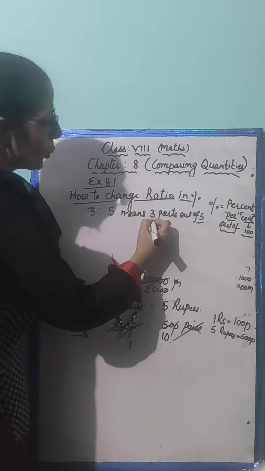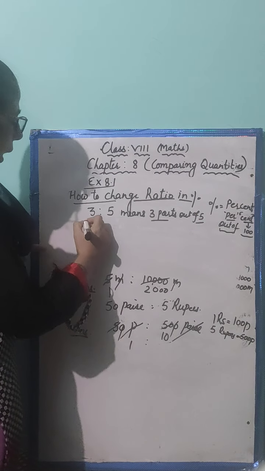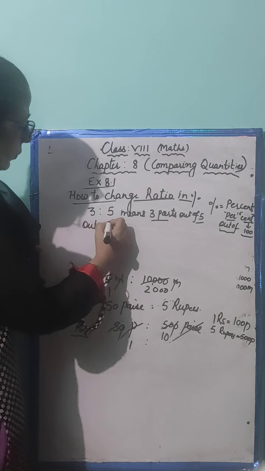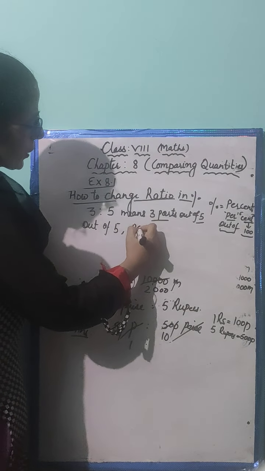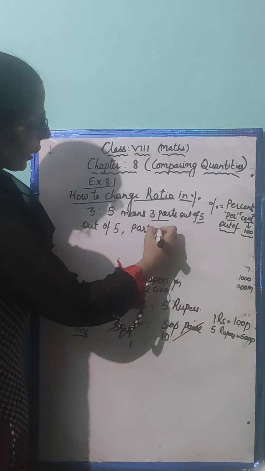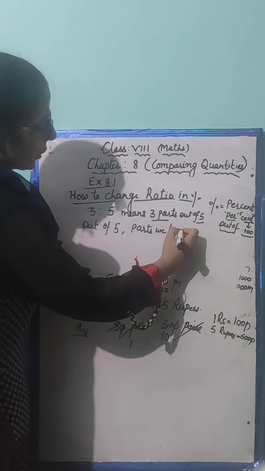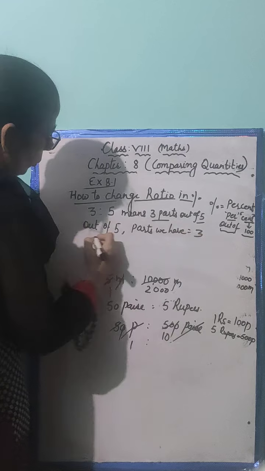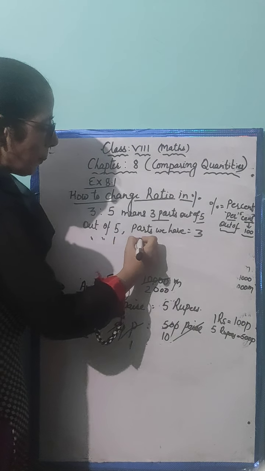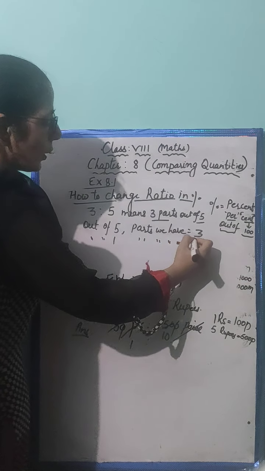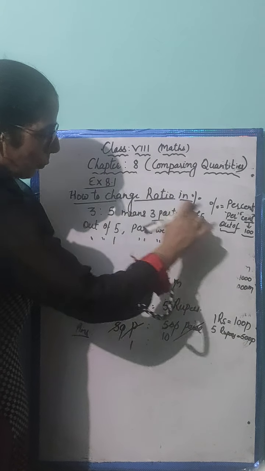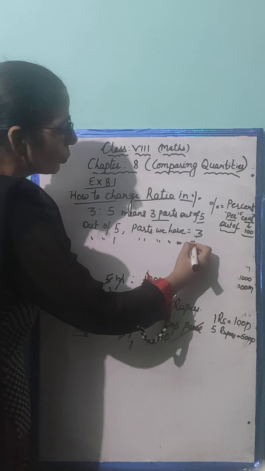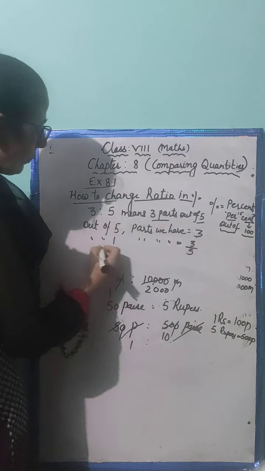So I can use the unitary method also. Out of 5 parts we have 3. Out of 1 how many parts do we have? This will remain here and whatever number has to come from here, that goes down. 3 by 5.